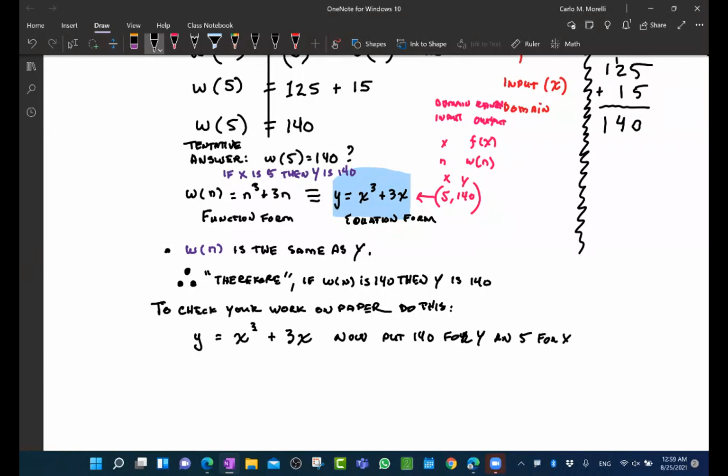And what should happen is we should have the same number equal the same number. And this will mean that we are correct. Okay, so just follow the logic of it.